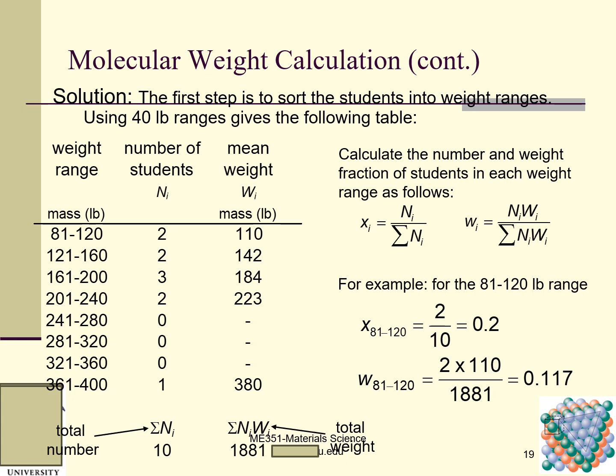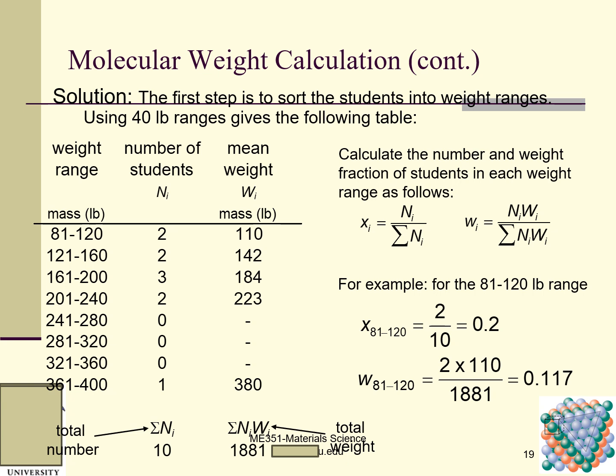For example, for the 81 to 120 pound range, there are only two students, divided by the total gives a number fraction of 0.2.